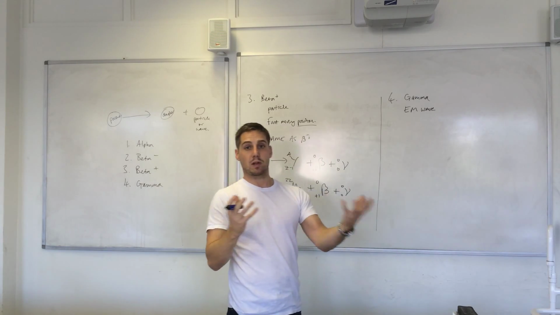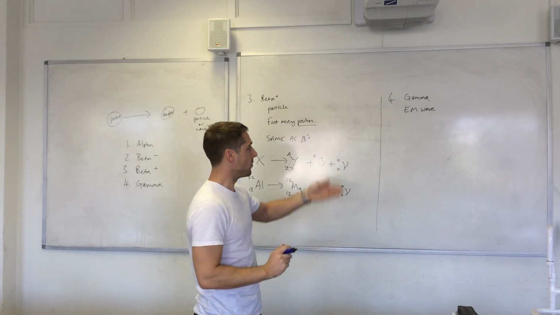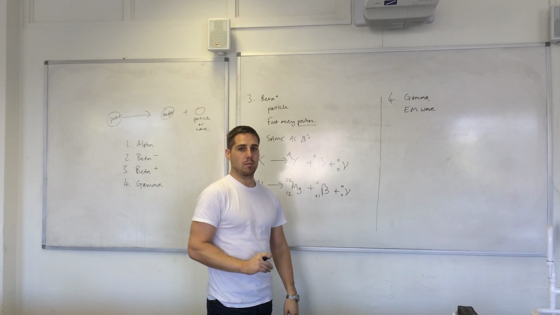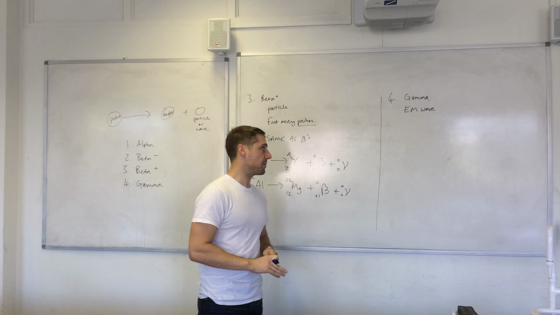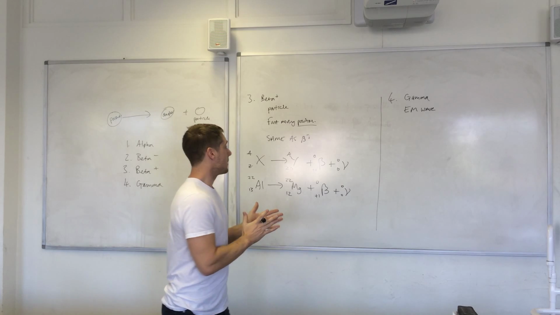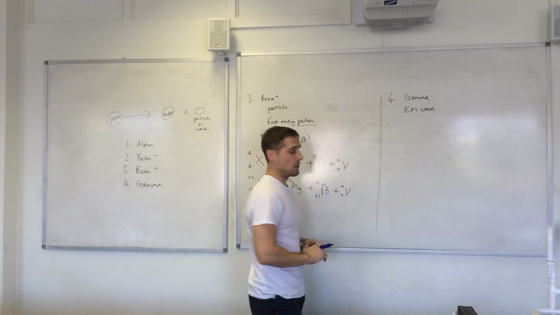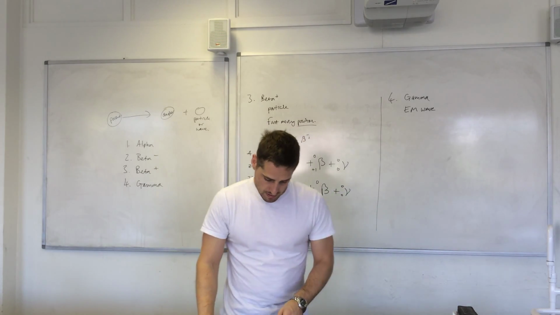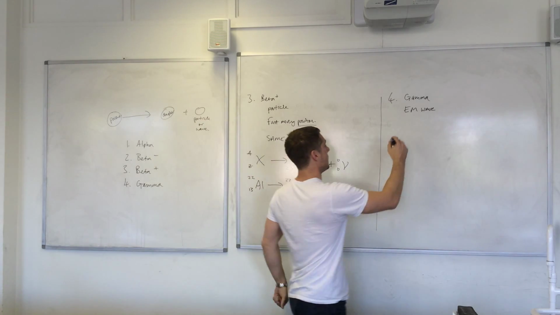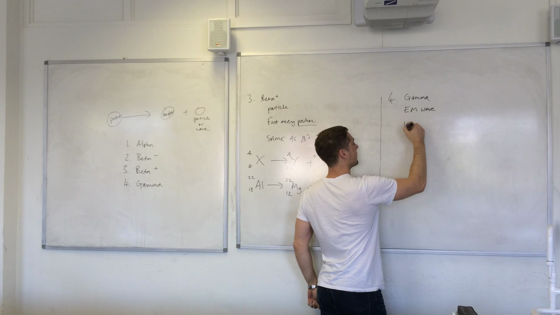Electromagnetic radiation can behave like a particle or a wave, and so what's emitted is actually a gamma photon. But for our purposes here, you can just call it an electromagnetic wave or a photon if you like. So that is its nature, and we need to look at the ionizing power.